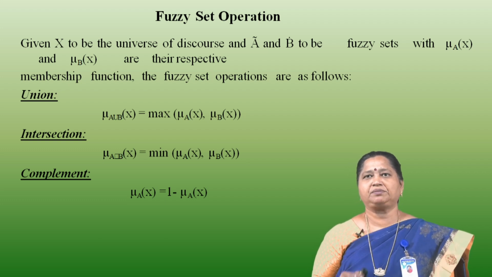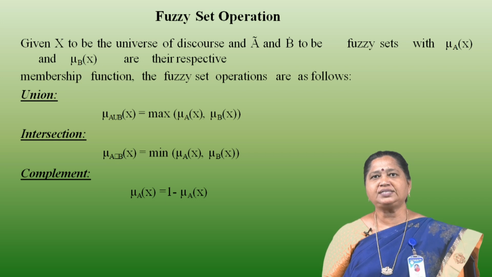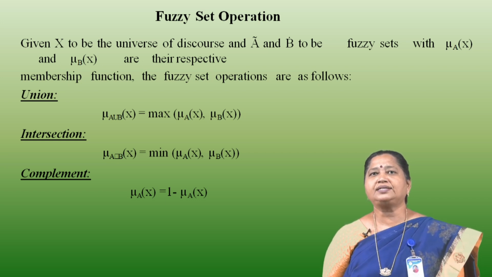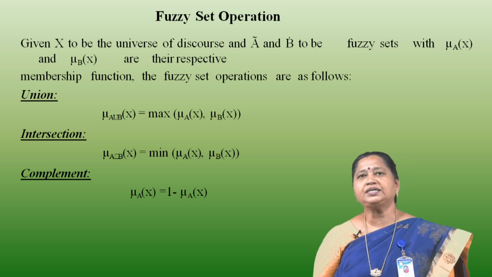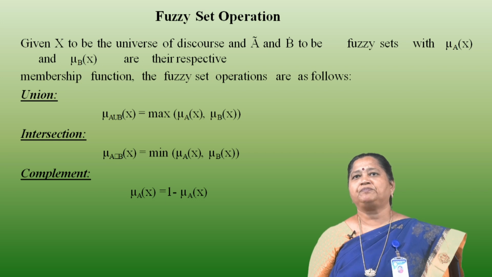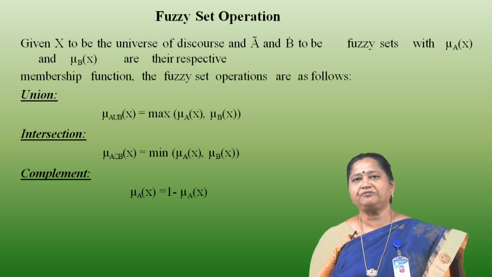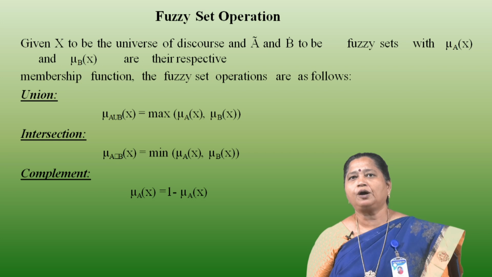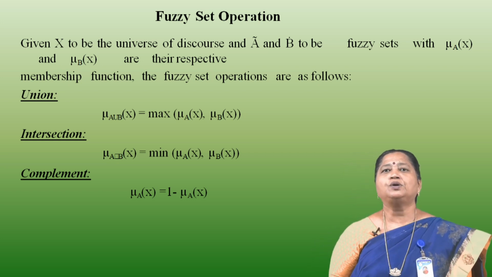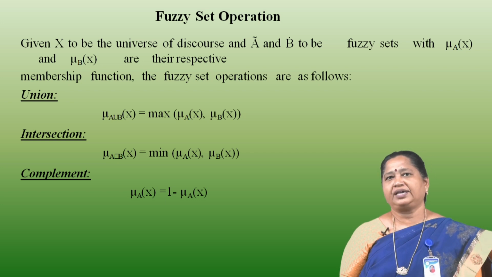In intersection, we will take the minimum value, that is mu A intersection B of x equals the minimum of mu A of x, mu B of x. Another one, complement, that is mu A complement of x equals 1 minus mu A of x.